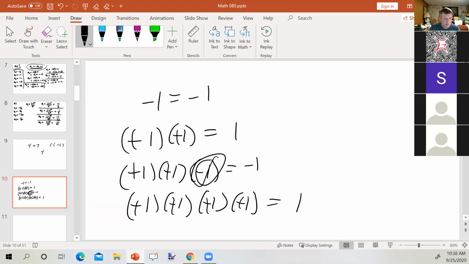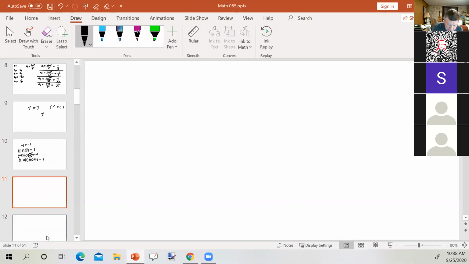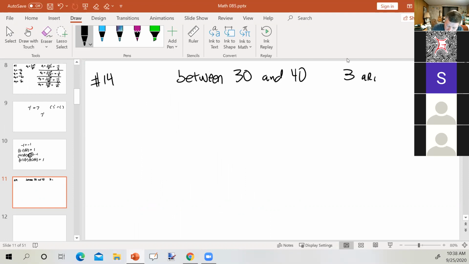Okay. Let's see here. This is problem number 14 off this same student's homework, and it says, insert 3 arithmetic means between 30 and 40. So between 30 and 40, we've got 3 arithmetic means.